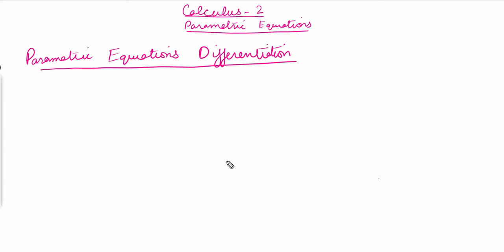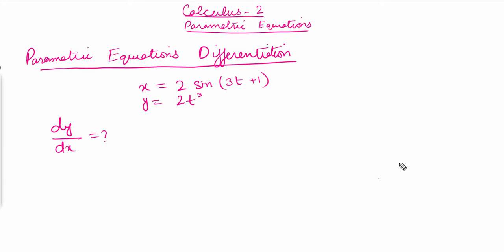So let's see how we can differentiate them. All right, the differentiation of parametric equations. Let's suppose we have two parametric equations in terms of t. The first one is x equals 2 sin(3t plus 1), and the other equation is y equals 2t cube. These are the two parametric equations, and we want to find the derivative dy by dx.